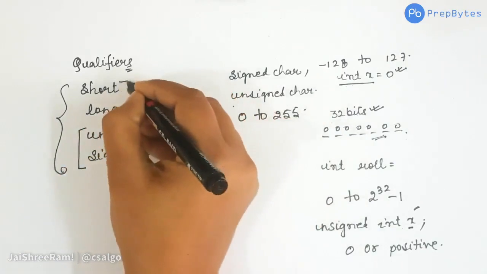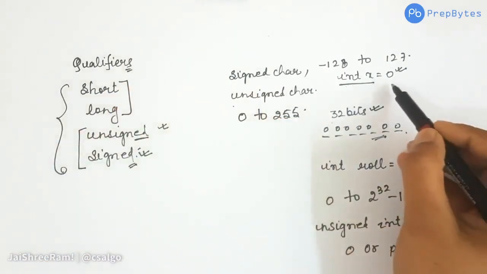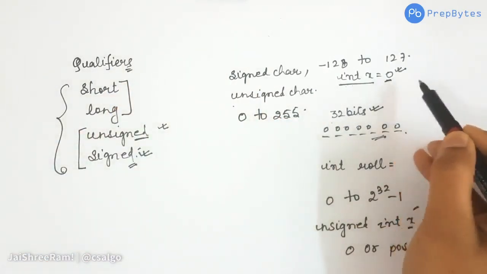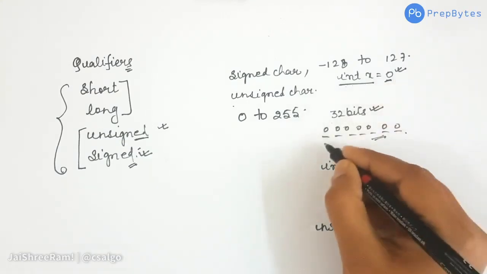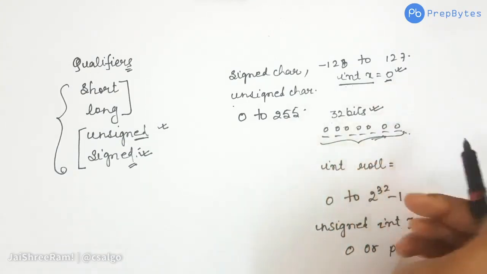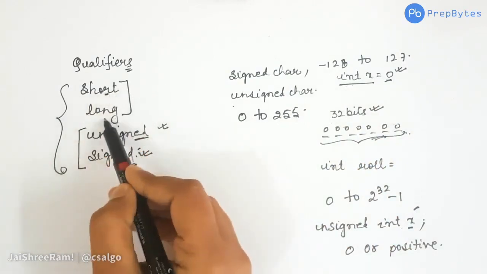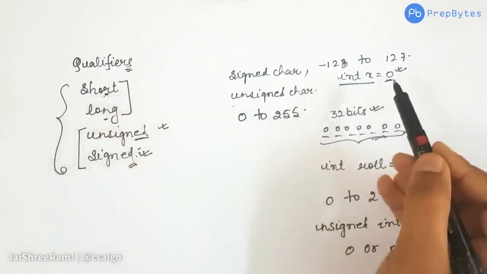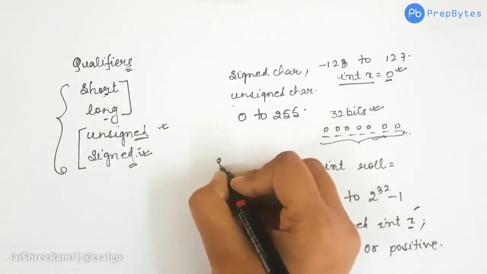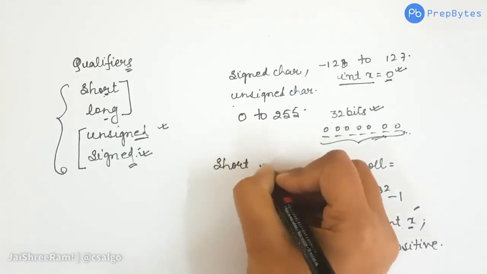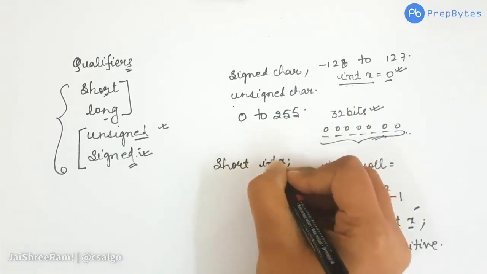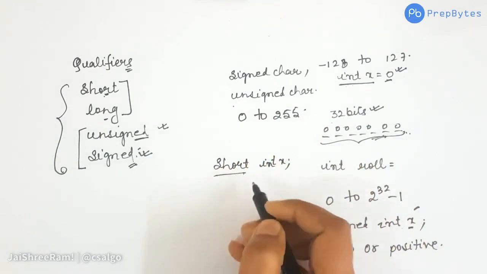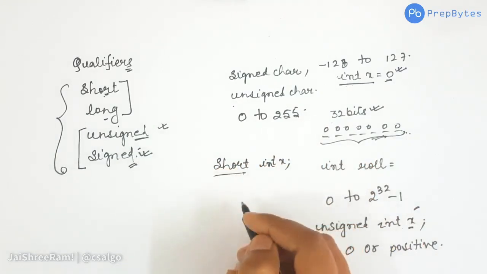Now we have discussed signed and unsigned. Talking a bit about short and long. Coming back to the scenario that even if I want to store such a small number, I am occupying 32 bits, we have qualifiers called short and long. If I write something like short int x, generally short occupies less space than the integer.